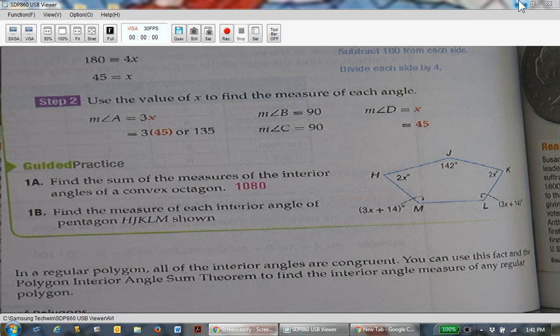If you add all the x's together, 3 x's plus 3 more x's is 6, plus 2 more, 10x. Then the constants, 14, 14.